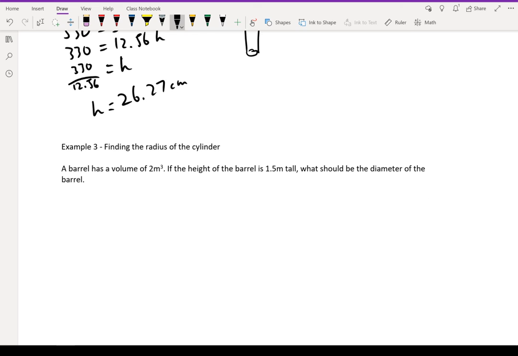So first of all, V is equal to pi times r squared times h. And so the volume, we're going to put in all the information that we have. 2 is equal to 3.14 times the unknown radius squared times the height of 1.5.